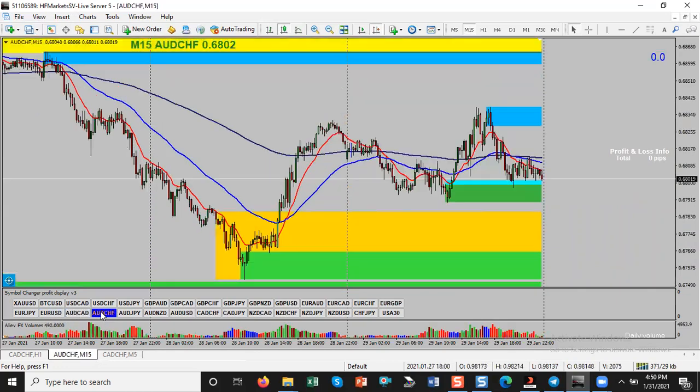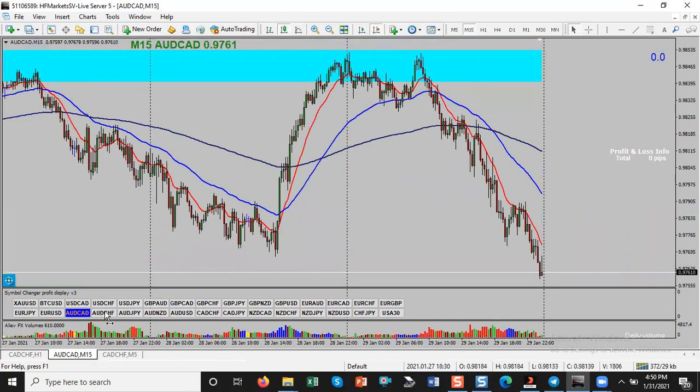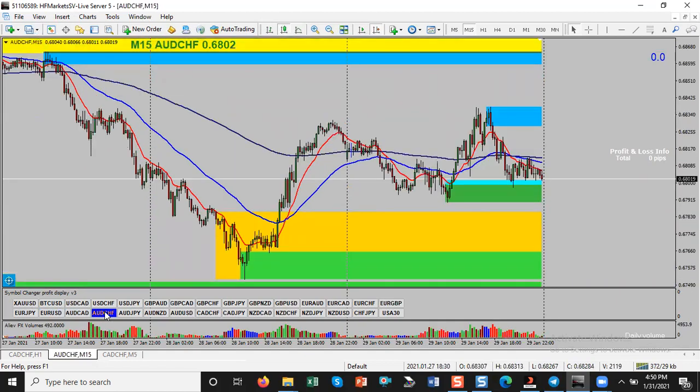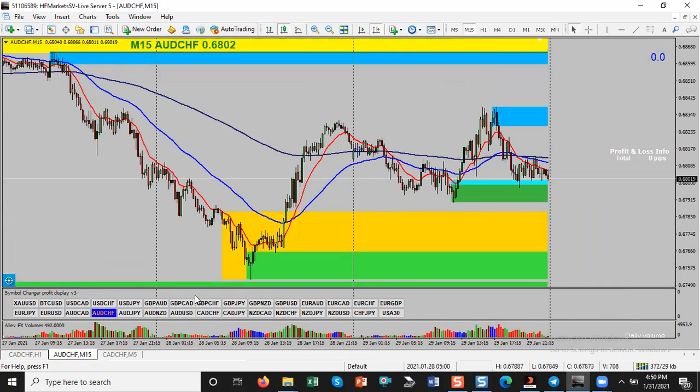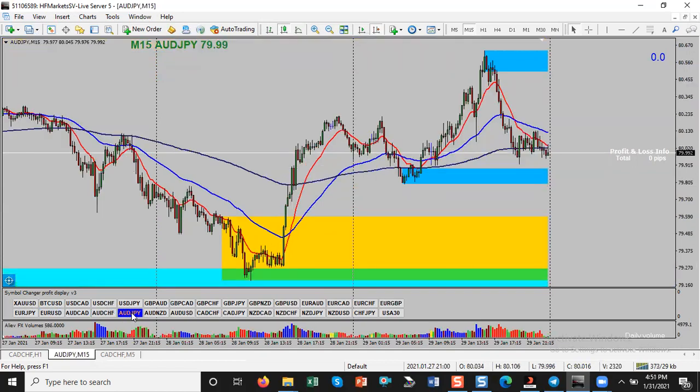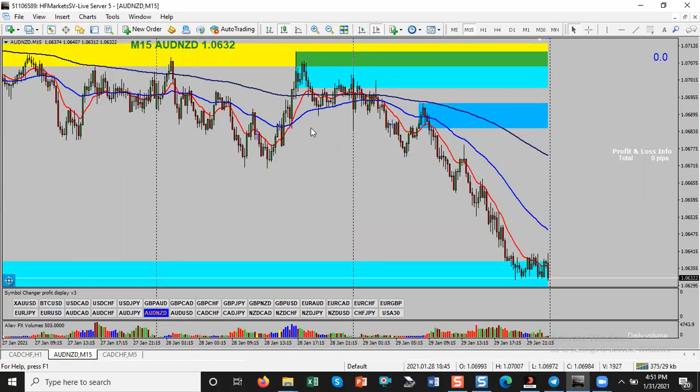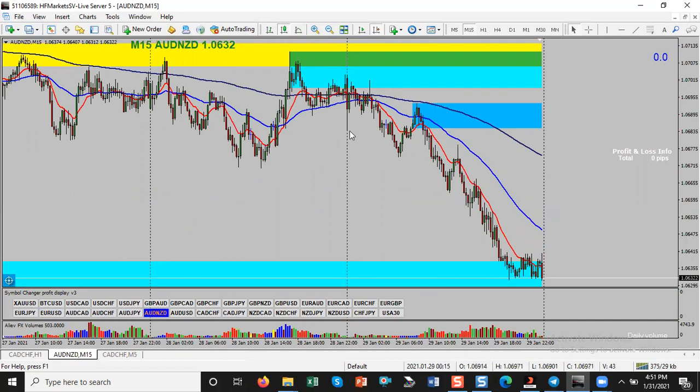Oh, we'll get one sell setup. Okay, we got one here.